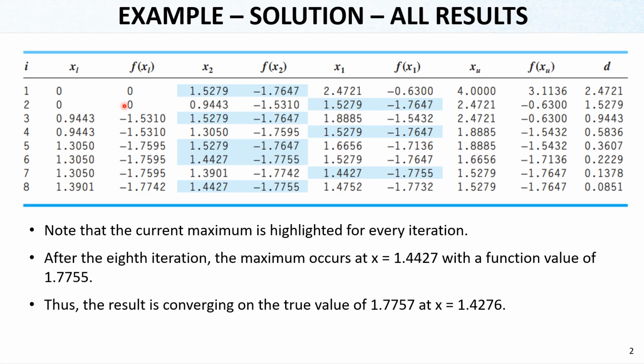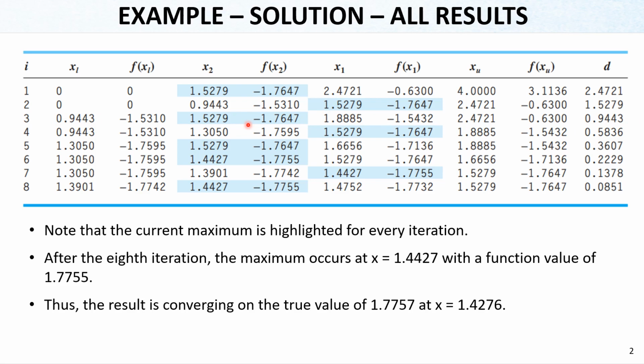In that scenario, we will remove the lower bound and set this x2 as the lower bound because it's the smallest one. We will check these, which one is the smallest, this one, then set it as lower bound, and we know the function value of that. And this x1 here becomes x2, so we simply change it to x2, and we calculate the new x1 here using the new xl with the d value that we calculated from the golden ratio.